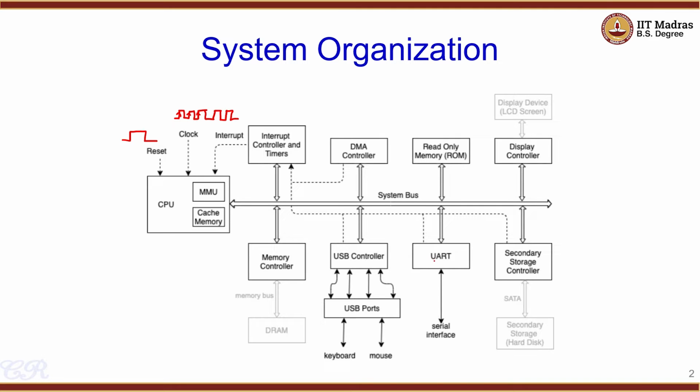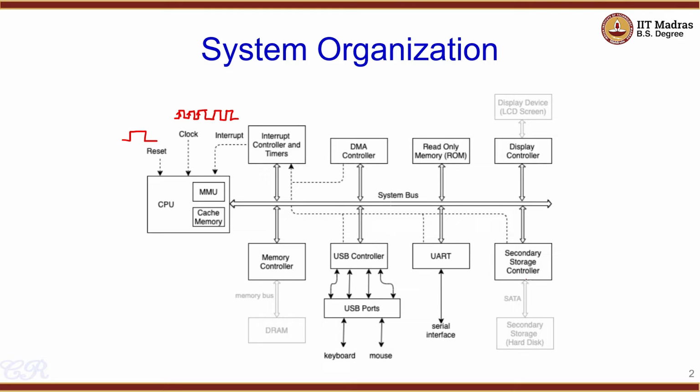UART stands for Universal Asynchronous Receiver Transmitter, which is possibly one of the simplest interfaces present in a computer system, and it could transmit or receive a single bit at a time, right?